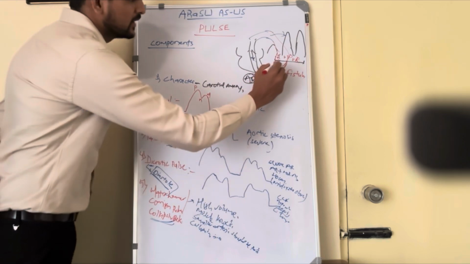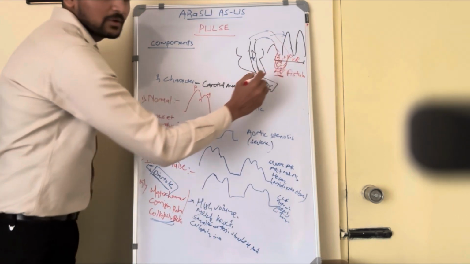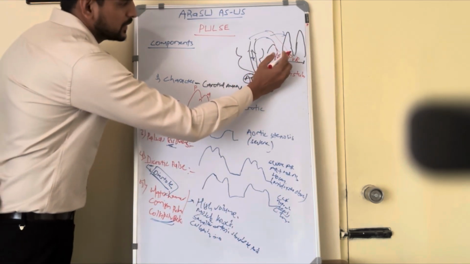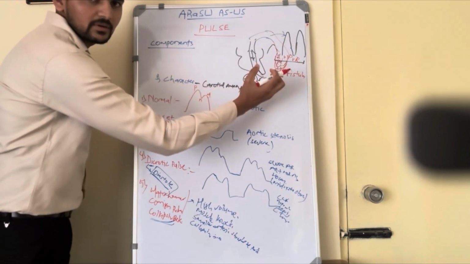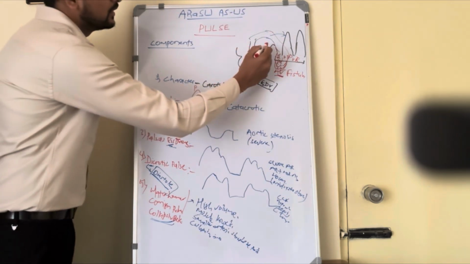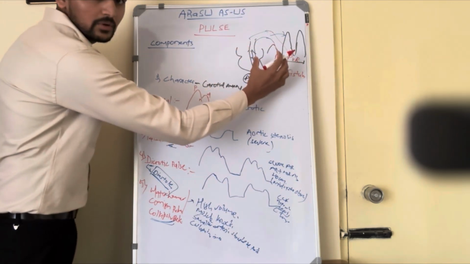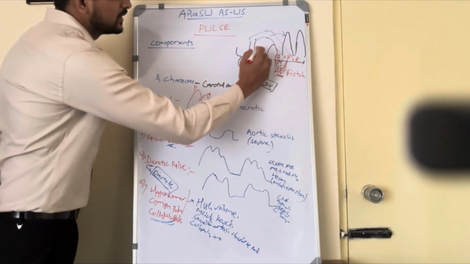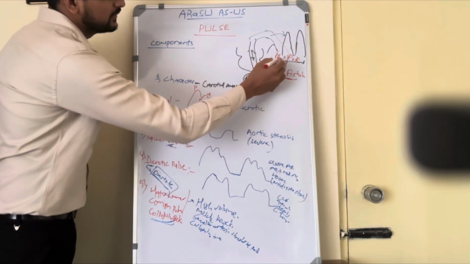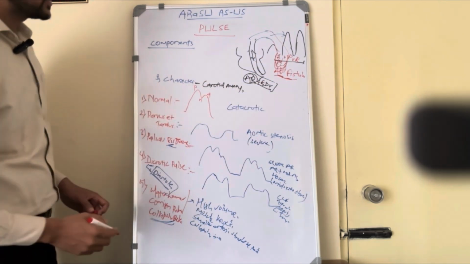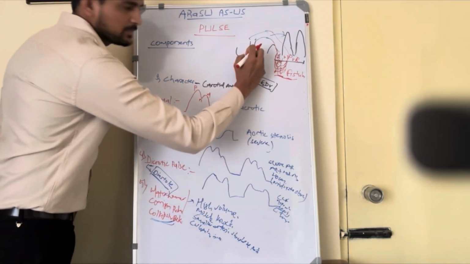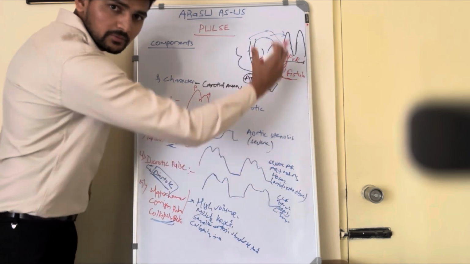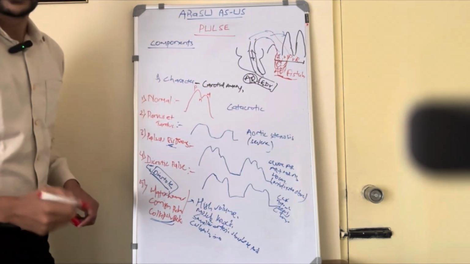So the resistance will not be there. First of all, because of that peripheral resistance, it was forming a back wave. Here, because of the fistula, there is no resistance. So whatever blood is reaching, it will immediately be dragged away. This is a condition in which again there will be significant collapse. When the heart is pumping the blood, it is being drained out so fast. That's why it is called collapsing.